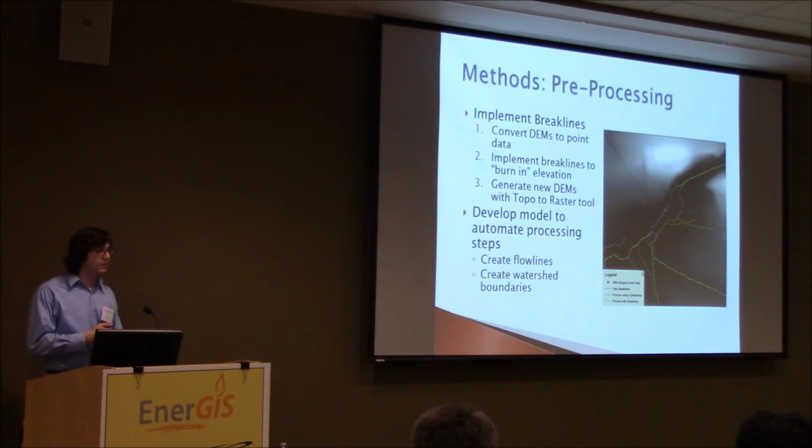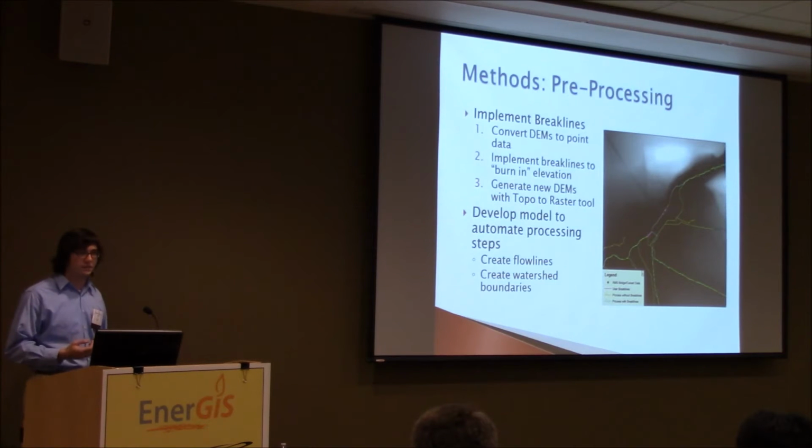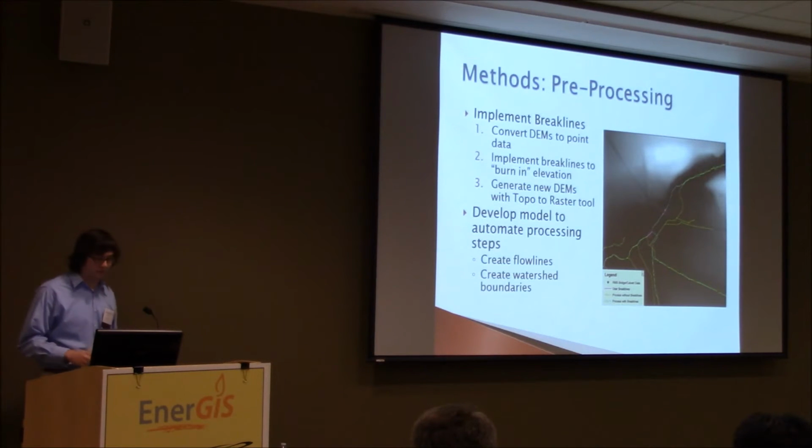So we field collected different break lines. We also did an intersection between streams and roads, just to examine where bridges might occur and where culverts might impact streams. So we actually improved the flow lines in the end, in that teal line, where it went through the road, bridges, and followed a lot better through the dark lower elevations.